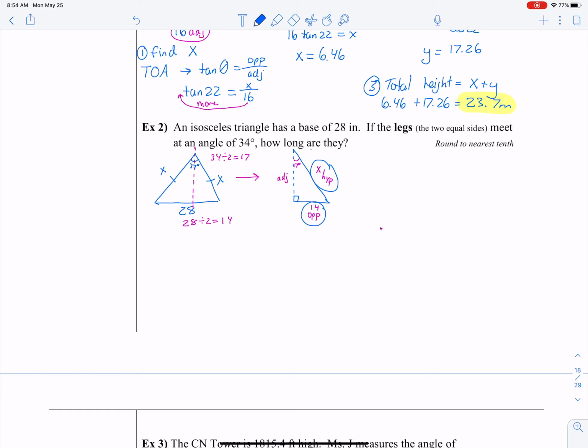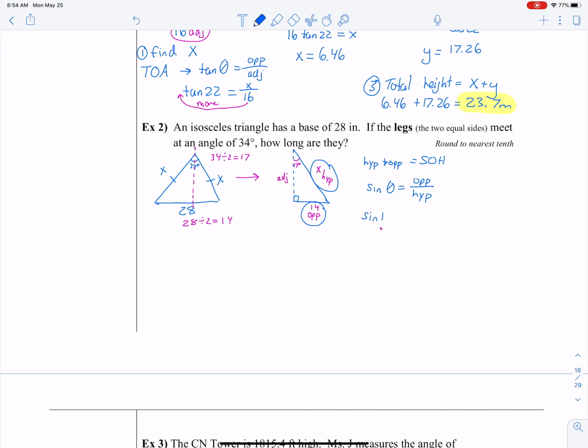So we have hypotenuse and opposite. So we're going to be using our sine. So sine of an angle is equal to opposite over hypotenuse. So we'll fill in the information that we know.